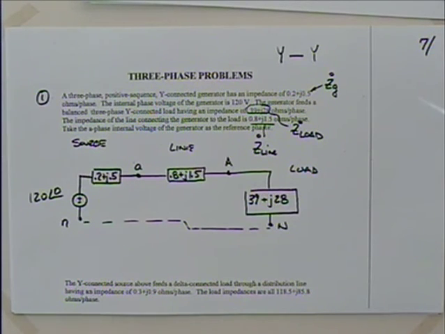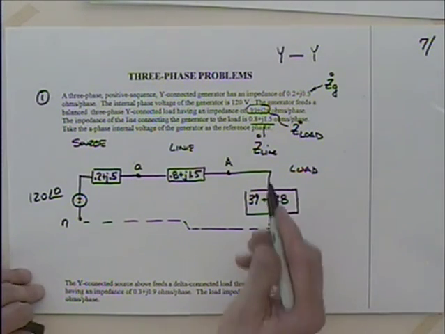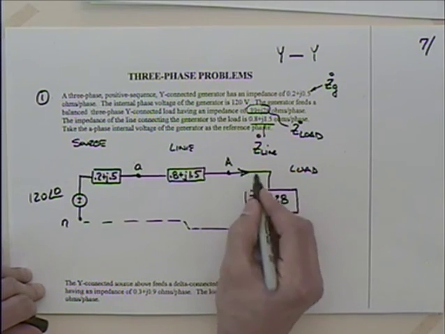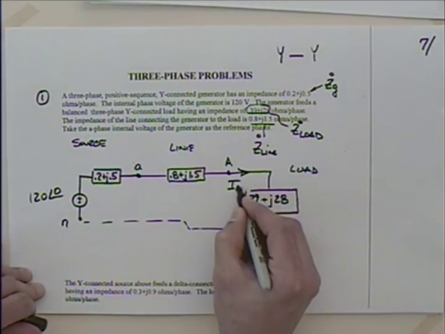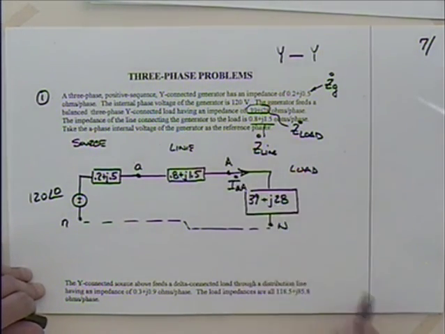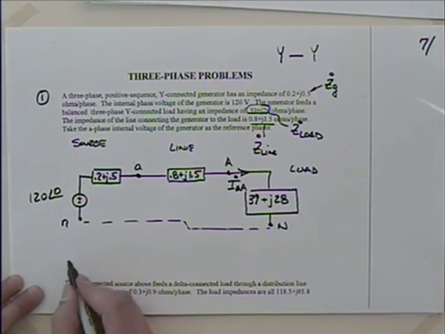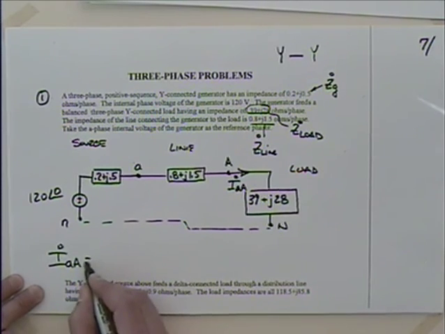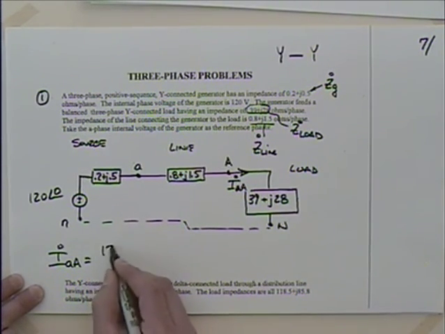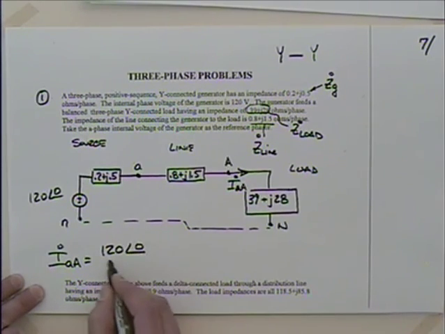Yeah, it is. Well, one of the things I might like to get is the current, I little a, big A. Could I get that? Yeah, that's pretty easy. I little a big A is going to be equal to 120 at 0 divided by the total impedance.